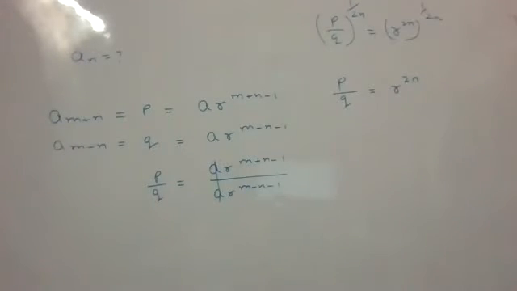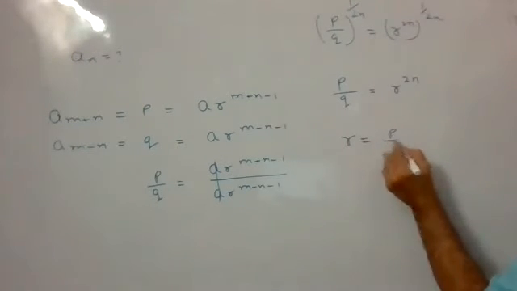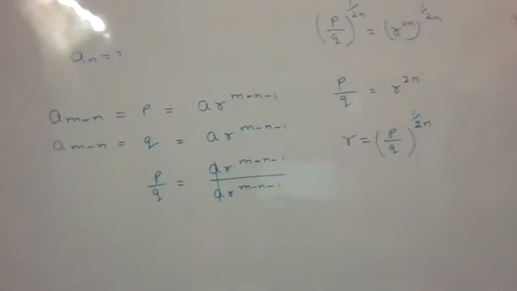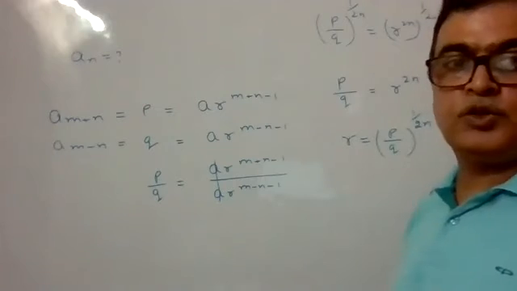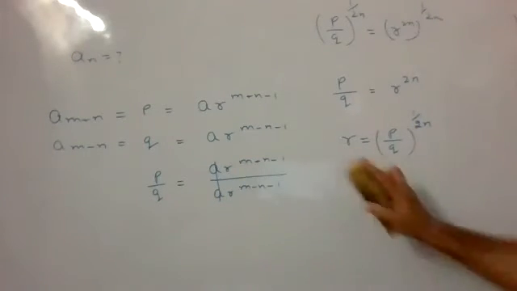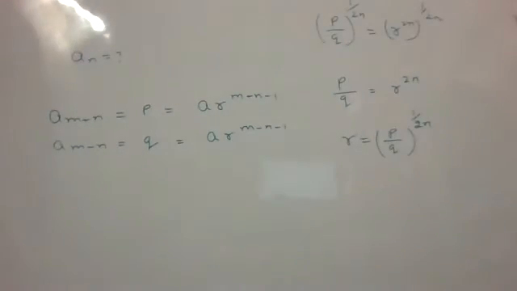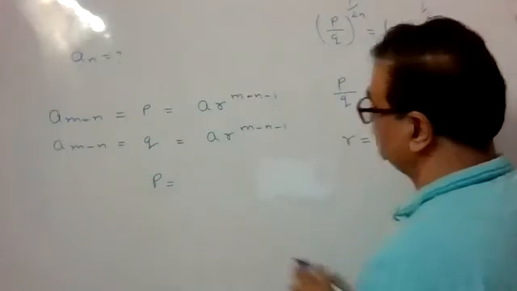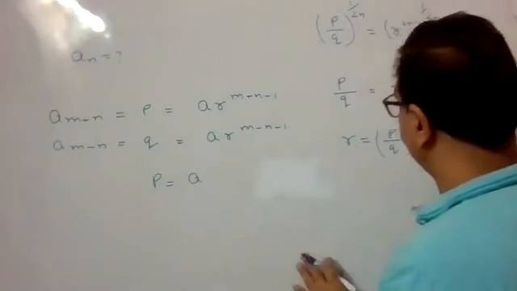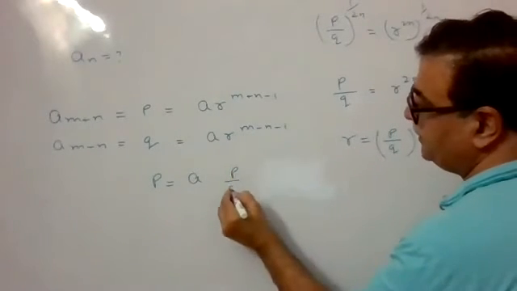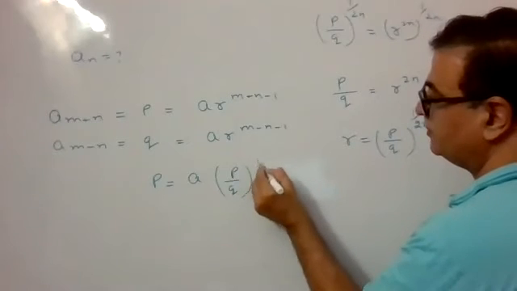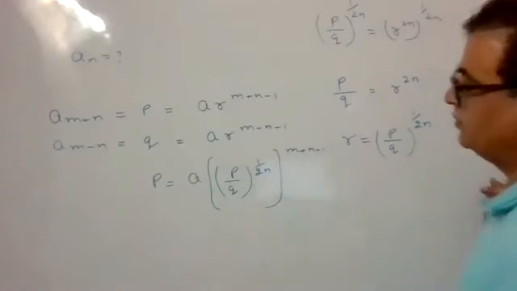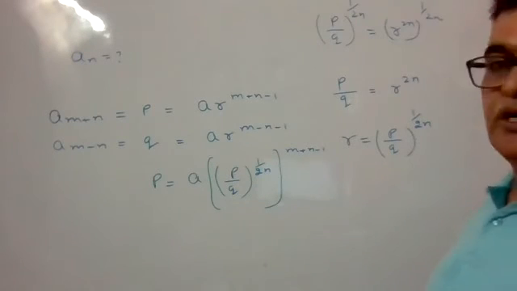So what is R now? R is P by Q whole power 1 by 2n. Then we find out what is A. If we want, we will say P equal to A into R, meaning P by Q whole power M plus N minus 1.